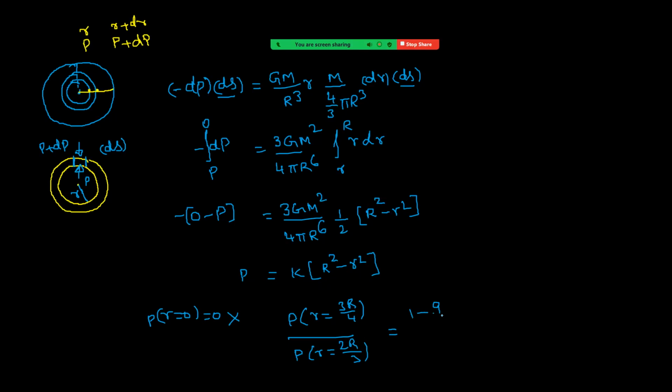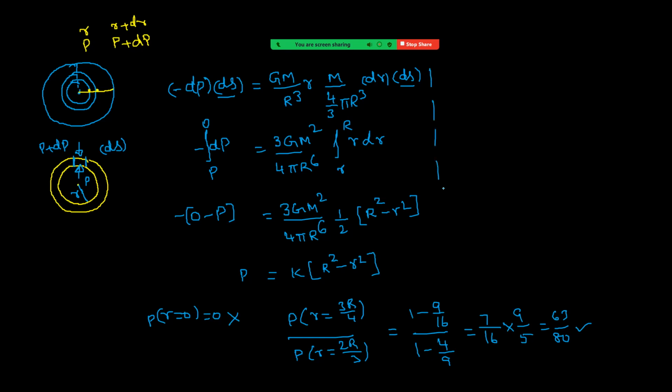So 1 minus 9 by 16, 1 minus 4 by 9. See how much we got. 16 minus 9, 7. 7 by 16. And this is now 9 by 9 minus 4, 5. So it is now 63 by 80. Okay. So option B is correct.